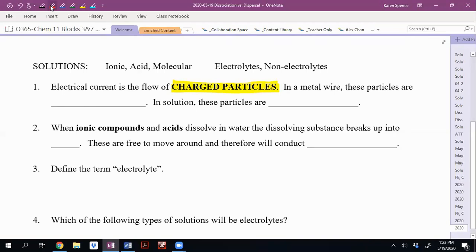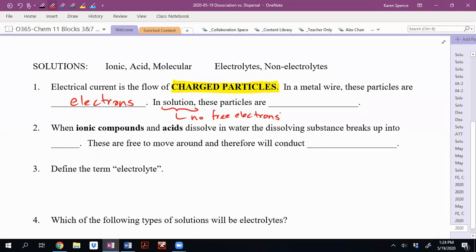Yes, absolutely, those are the electrons. But remember, in a solution, there are no free electrons. All the electrons are attached to other things, and they're not metals. You don't have a solid metal in there, and solid metals are the only things that have free electrons that can move.